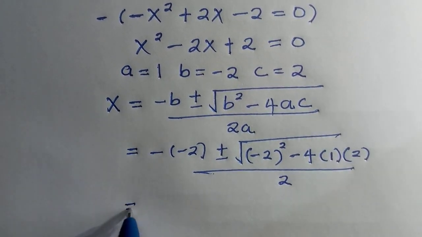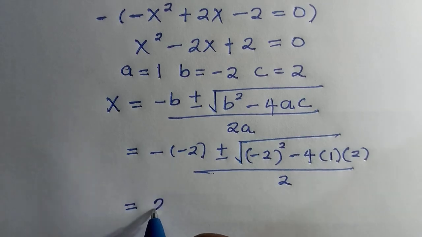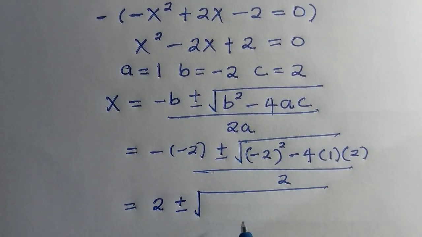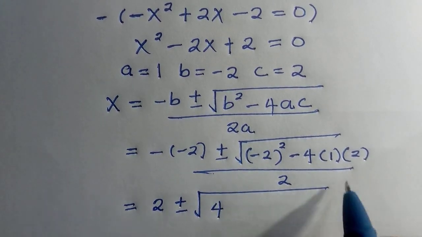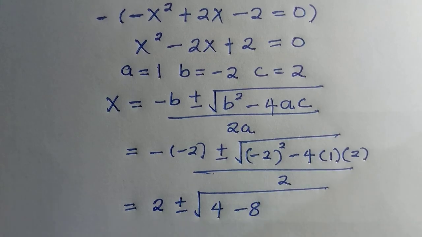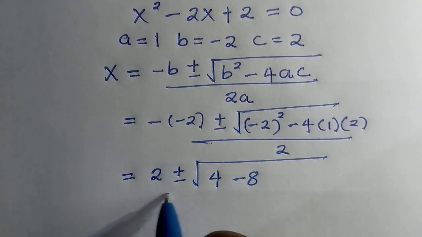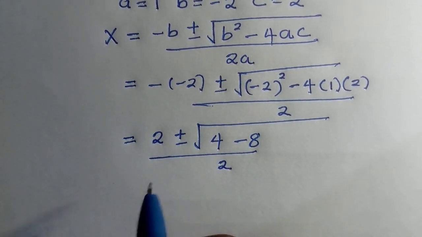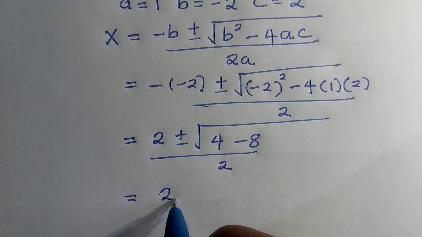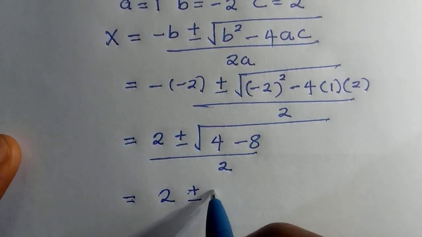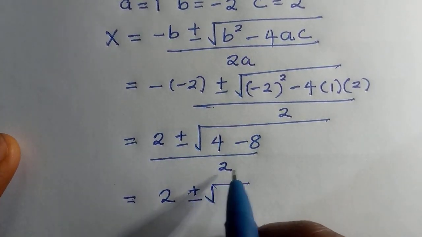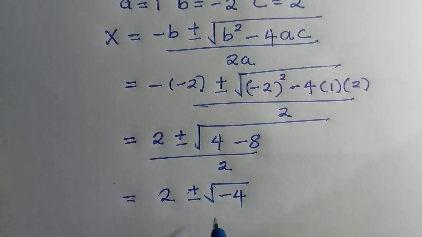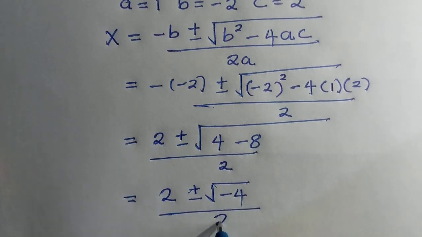So here we have minus times minus is plus, plus or minus the square root of minus 2 squared is 4, and the whole of this becomes minus 8, all divided by 2. And next we have this equals 2 plus or minus the square root of 4 minus 8, it gives us minus 4, divided by 2.